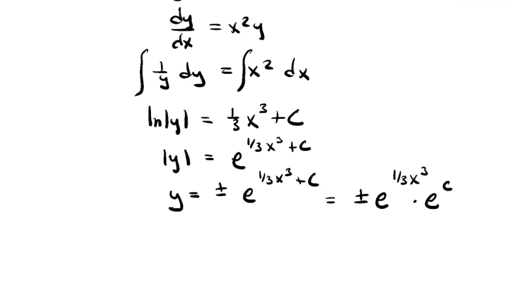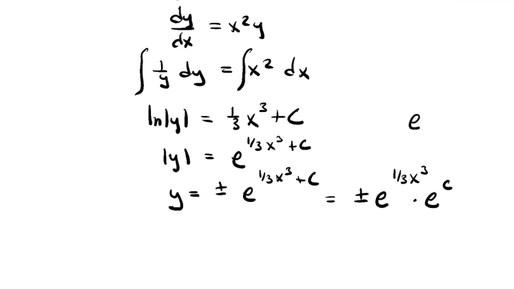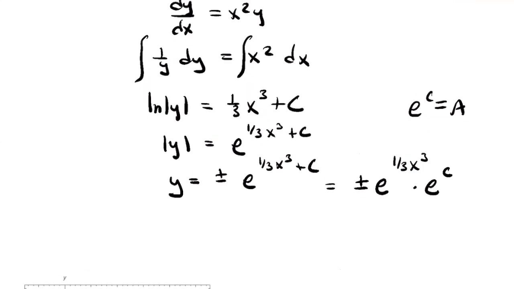Okay, and if I rename that constant, say e to the c, just give it a name like a, then I can write that's plus or minus a, but what I'm actually going to write is y is equal to just a times e to the 1/3 of x cubed, because I've just absorbed the sign into a. So you'll often see this.